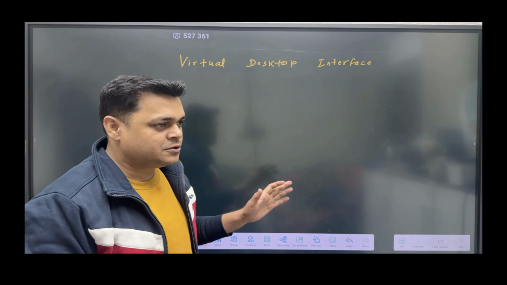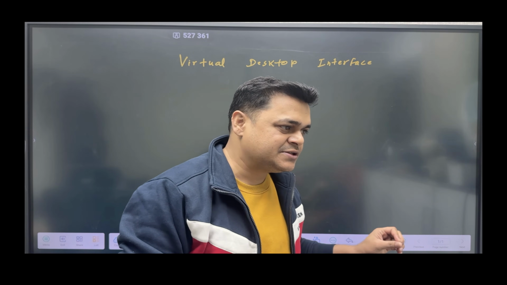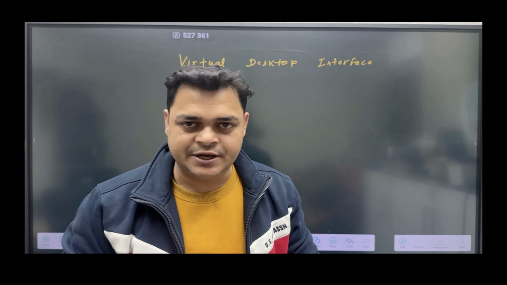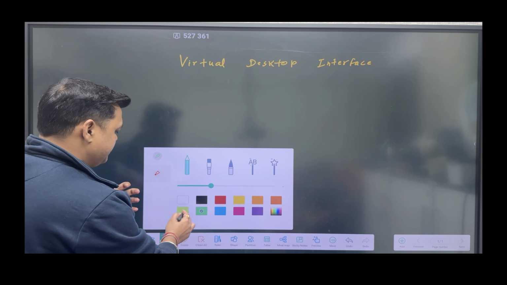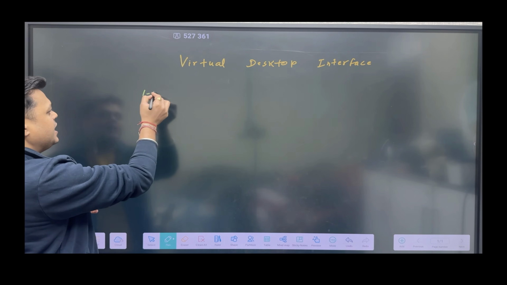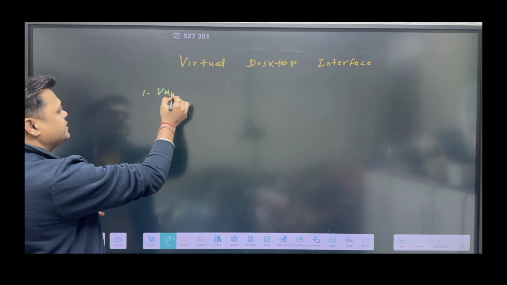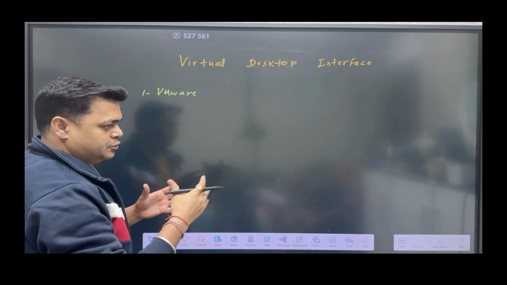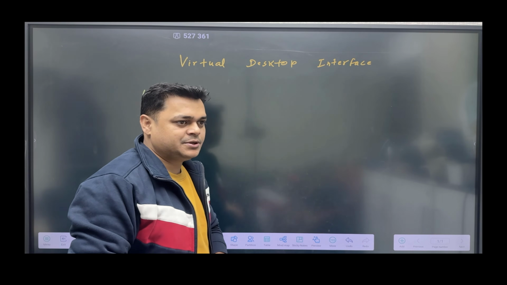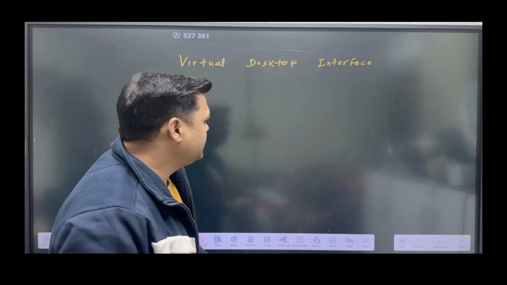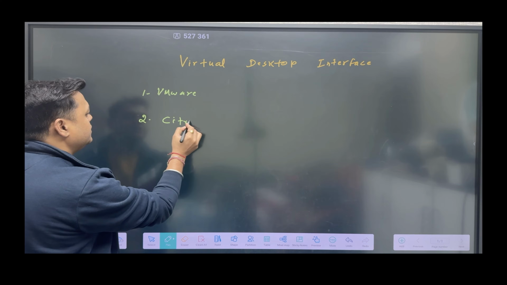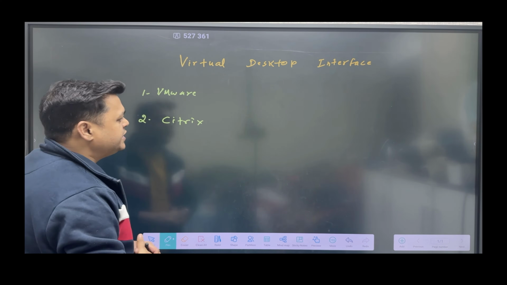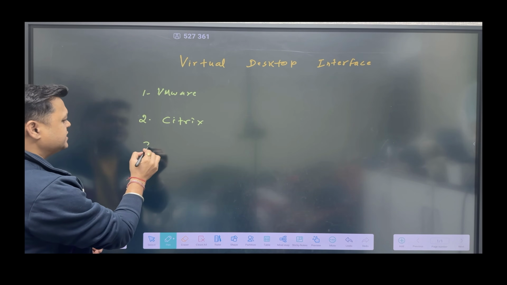Let's talk about the tools or applications that help us establish our VDI. We have multiple tools, and one you are aware of because it is really popular: VMware. You know that a number of products are available with VMware. Now it's Broadcom. Second, you can establish your VDI infrastructure by using Citrix.